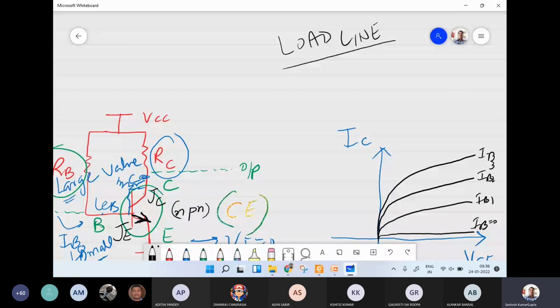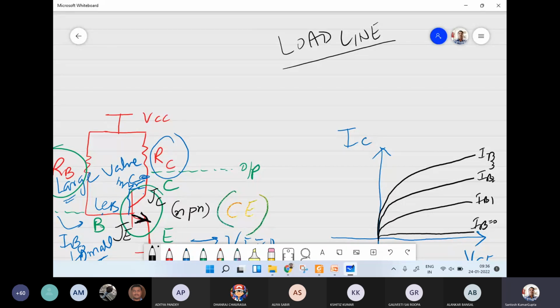We have already discussed diode circuits and diode characteristics, and we introduced the concept of the load line there. Similarly here, in the transistor we have three legs: base, emitter, and collector.